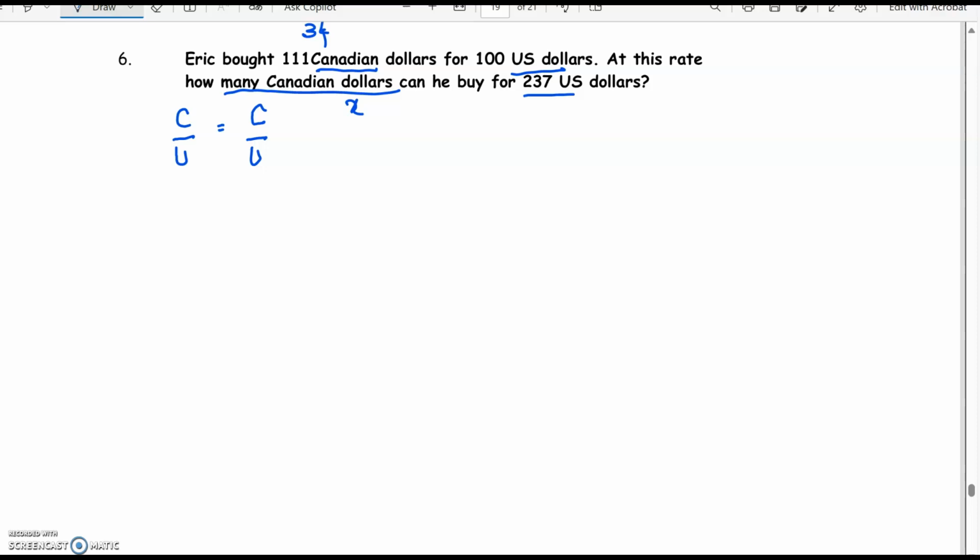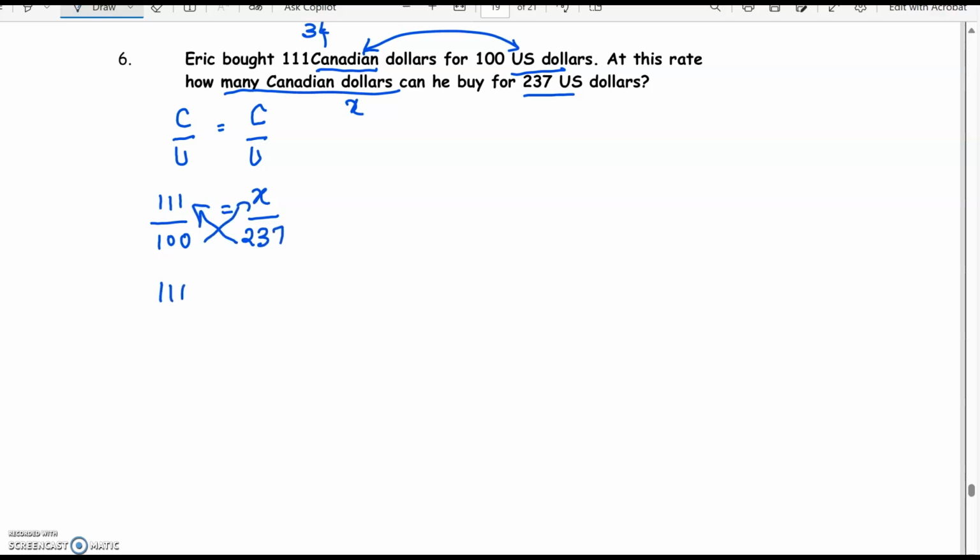So let's start with Canadian in the numerator, US in the denominator. So that's my first sentence. 111 Canadian dollars corresponds with 100 US dollars. How many Canadian dollars? So we don't know what that is. We're going to call it x divided by 237. So now we cross multiply.